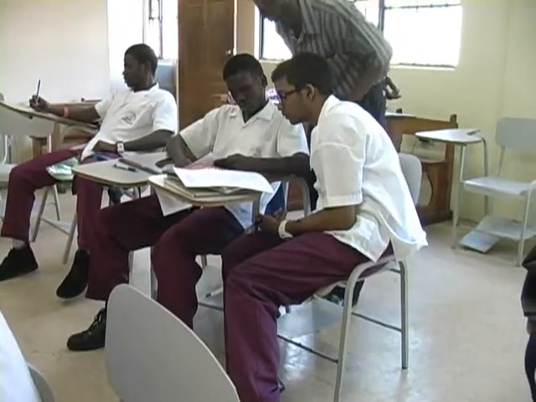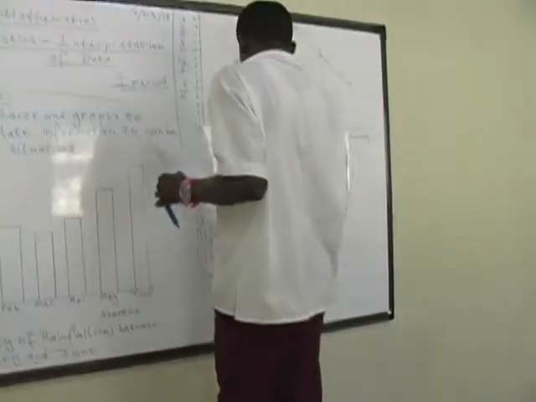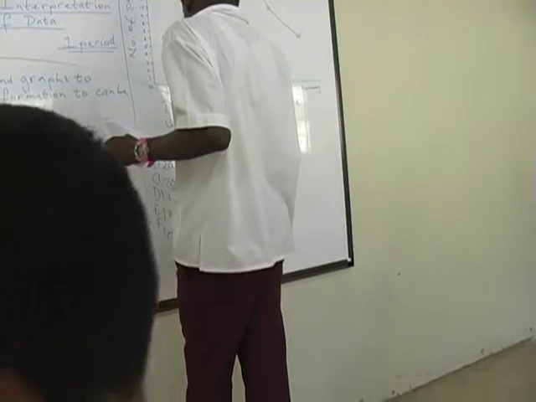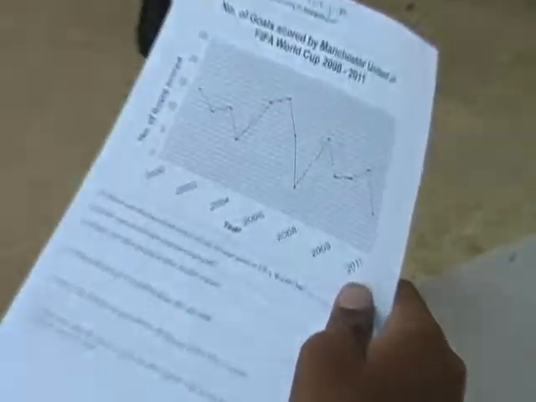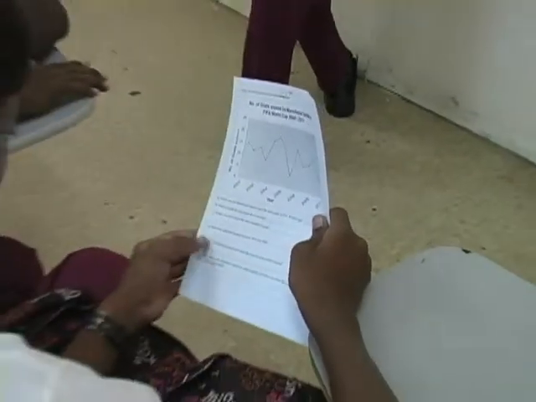Go up a little higher and you find 2008. 2008 is 16. So 16, you can make the correction there. The difference between those two is seven goals.